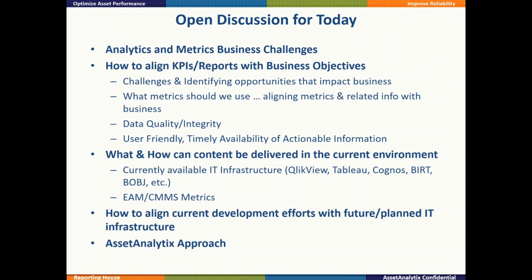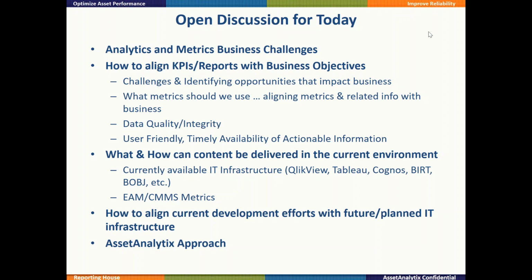So the discussion today is, when we're talking about determining the right KPIs for your asset reliability journey, the first thing that comes to my mind, and the first thing that should be thought about when you're developing the hierarchy of your metrics, is: what are my business challenges? What are my business objectives?